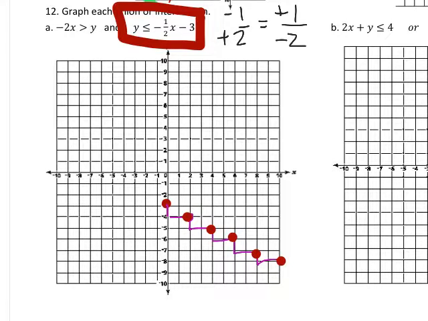That will make us go to the left. So we can see we're going to go up 1 to the left 2, giving us a new point. Up 1 to the left 2, and we'll continue this pattern. There we go. And that gives us this line.